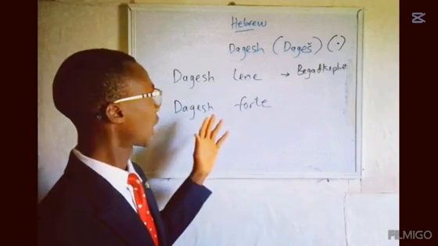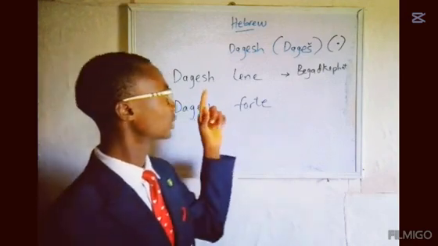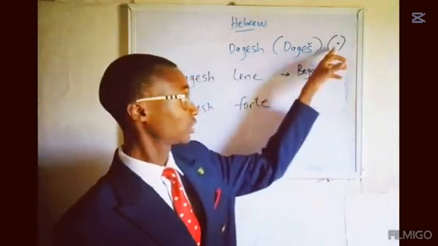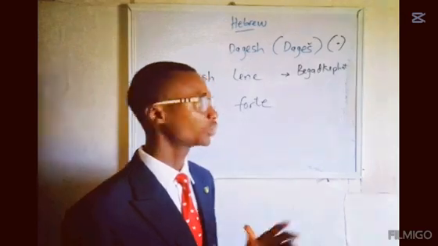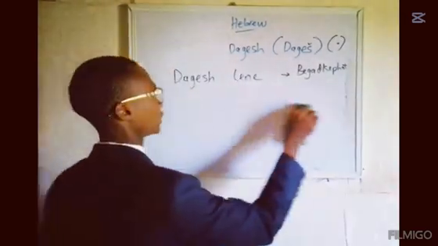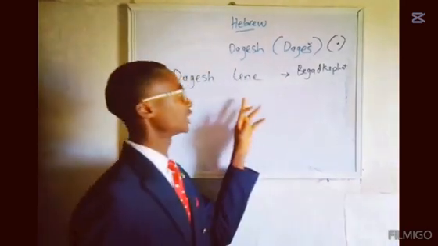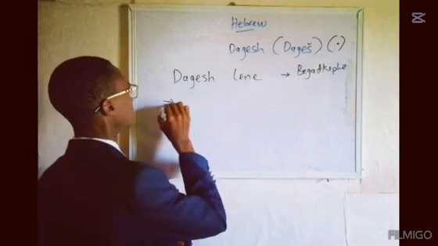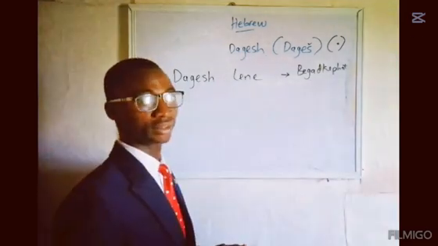Now, how do we distinguish between the Dagesh Lene and Dagesh Forte? Because we have the same dot. This is the same dot. So how do we distinguish? The first is that the Dagesh Lene can only be formed in the Begadkefat letters.